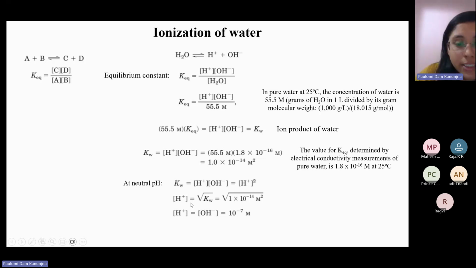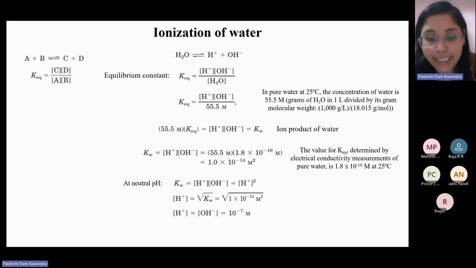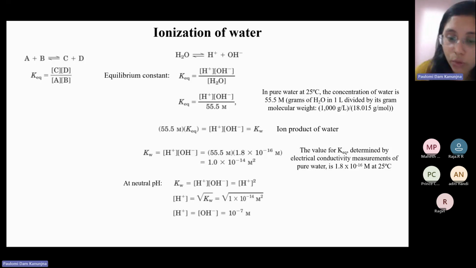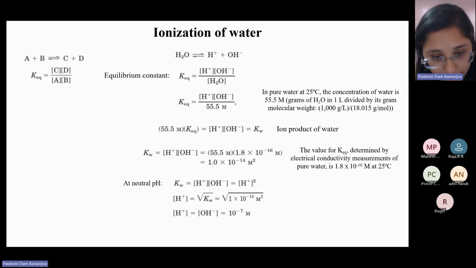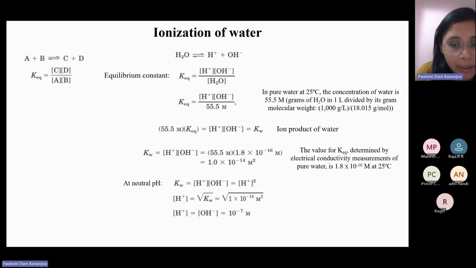So to determine the H plus ion, you take the square root of Kw, which is 1 into 10 to the power minus 14. Then it gives you that at neutral pH, the concentration for H plus and OH minus is 10 to the power minus 7 molar. H plus equals OH minus, that is 10 to the power minus 7. Together, they make up the ion product, which is 1 into 10 to the power minus 14 molar squared.